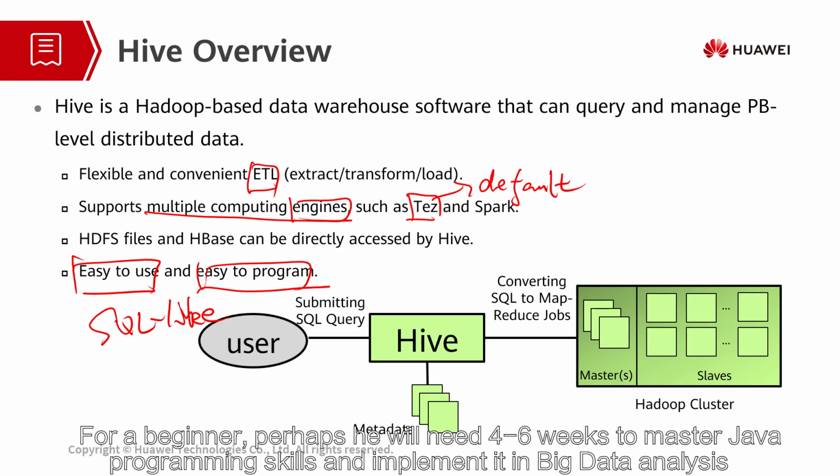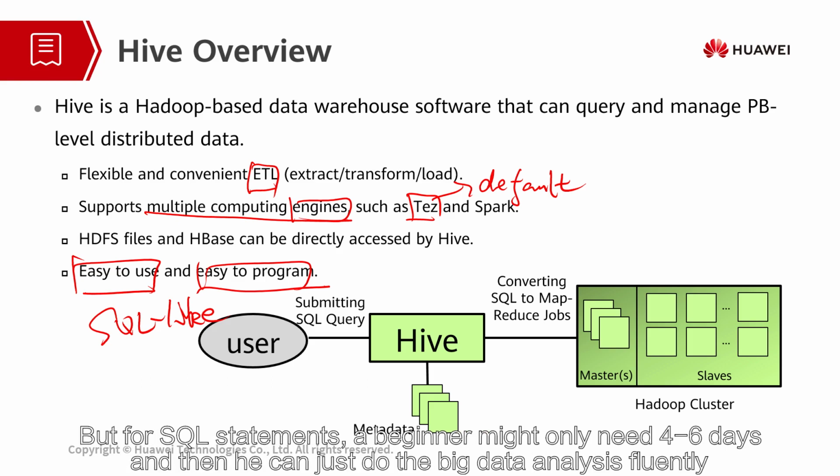For a beginner, perhaps he will need 4 to 6 weeks to master Java programming skills and implement them in big data analysis. But for SQL statements, a beginner might only need 4 to 6 days, and then he can do big data analysis fluently.